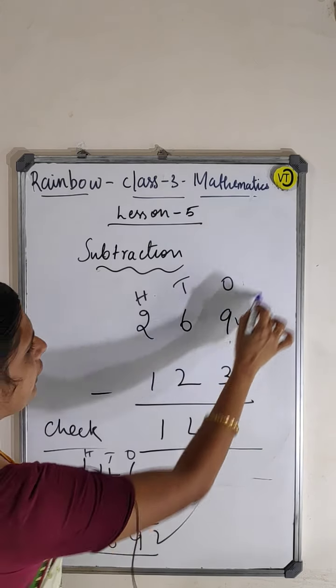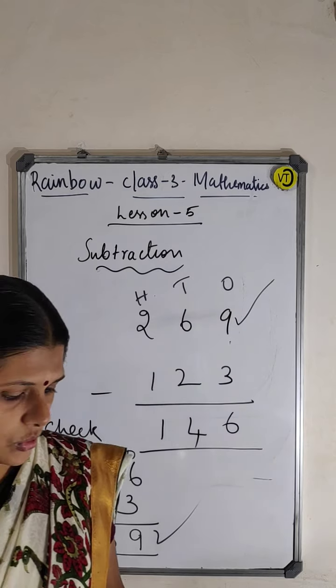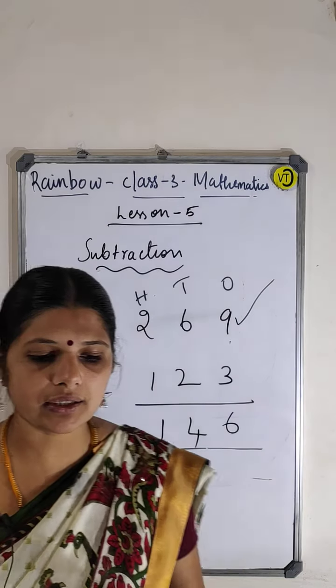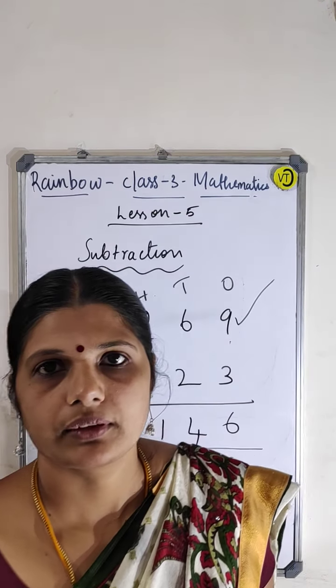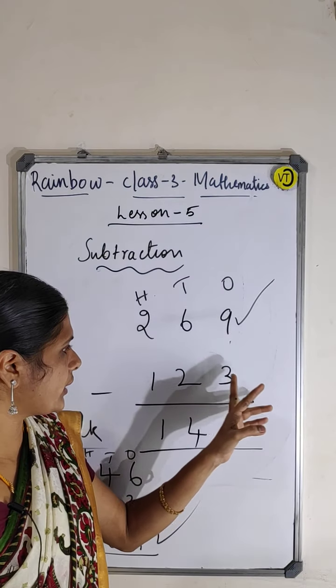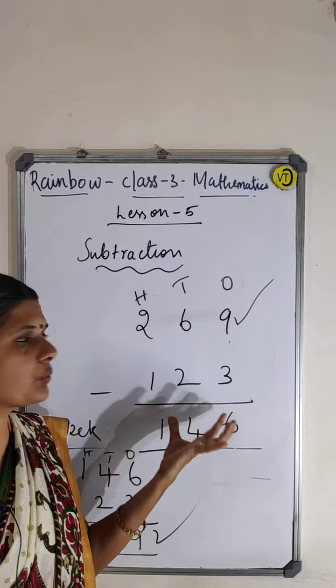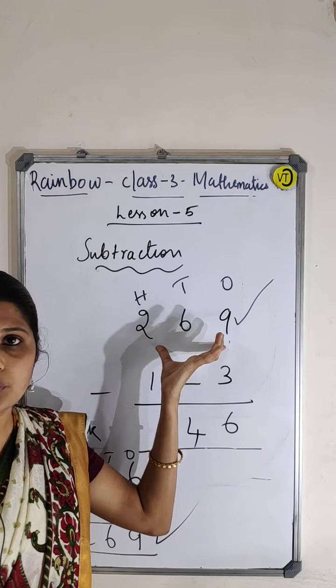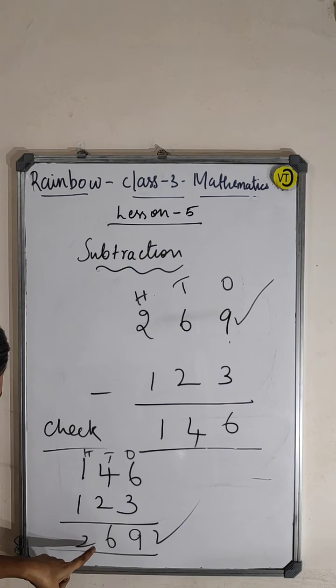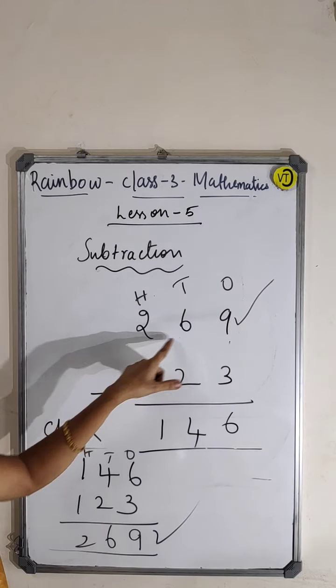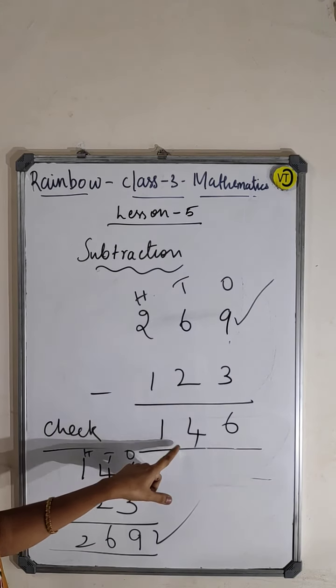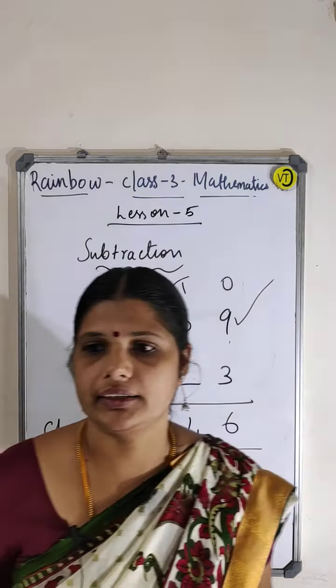See? I got it. So the answer you got is 100% right. Whenever you add the answer and the smaller number together, you will get the bigger number. 269, the same number, I got it. So the answer you got is correct.